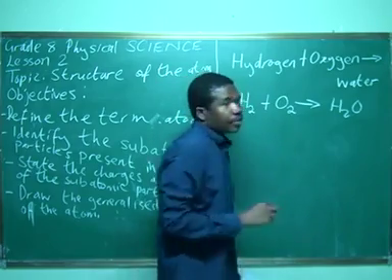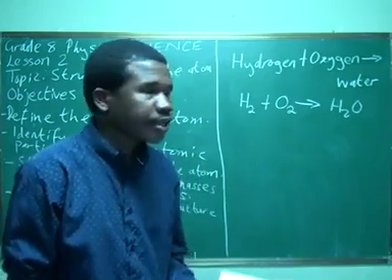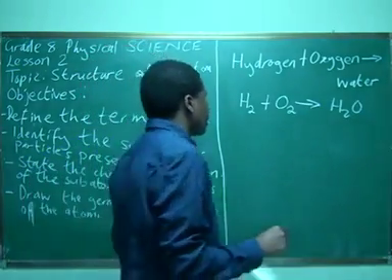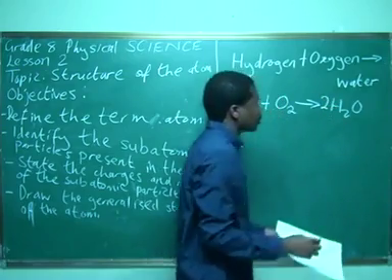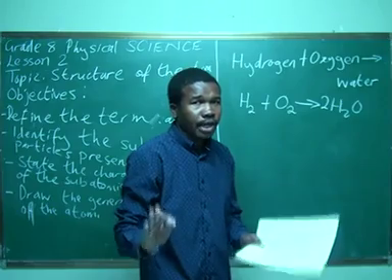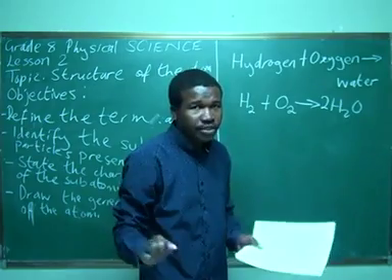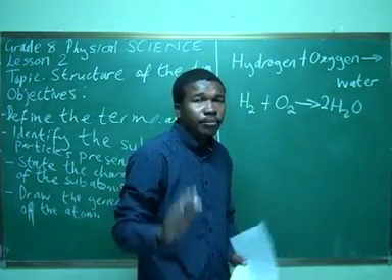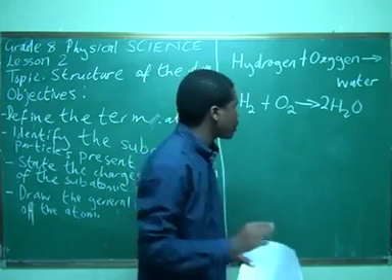Then we will have to talk about balancing of equations later, because now you will have to put a 2 here. I'm just going to write the balanced equation for you, so that you don't see letters with unbalanced equations and we don't understand what they mean. But there will come a time for you grade 8s where I'll explain how we balance equations.